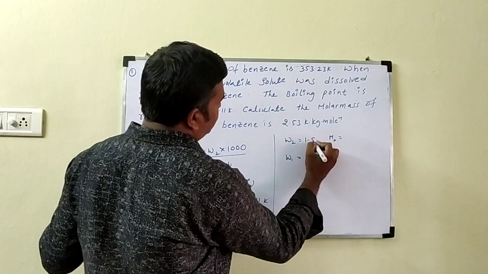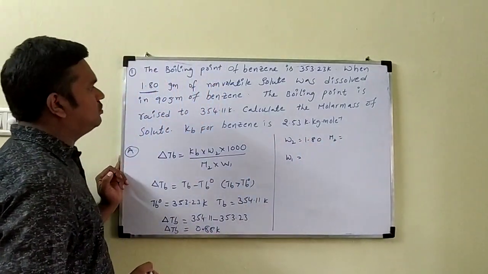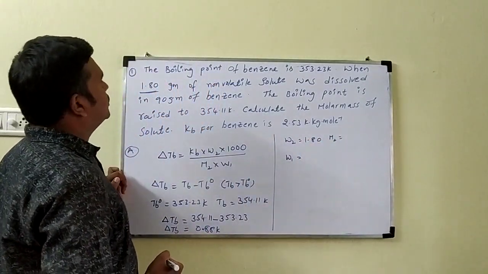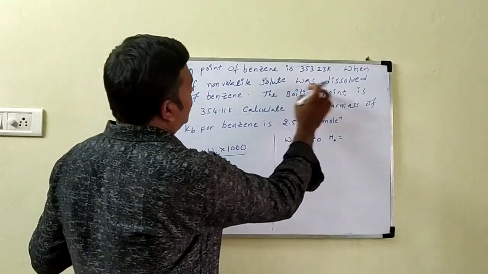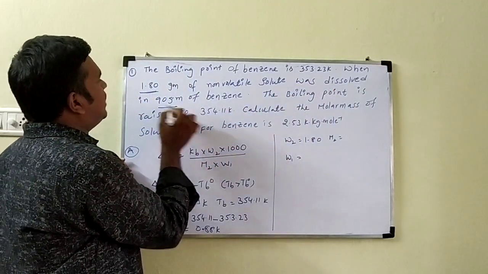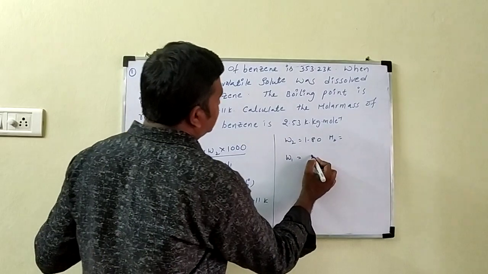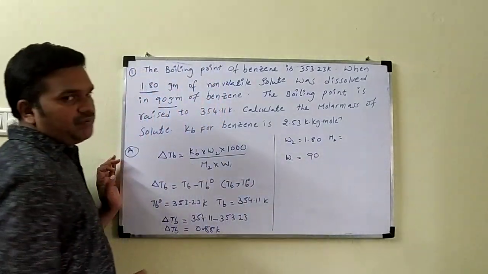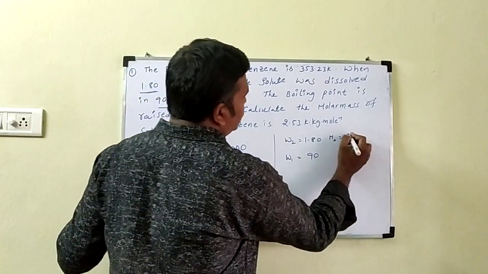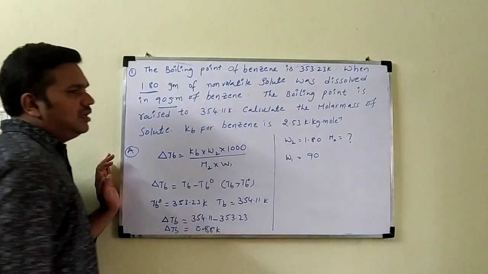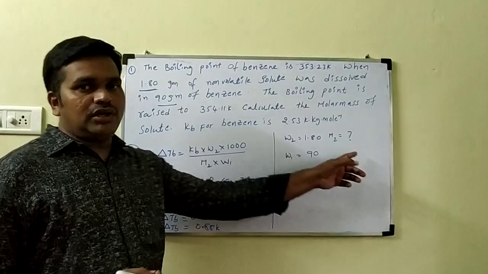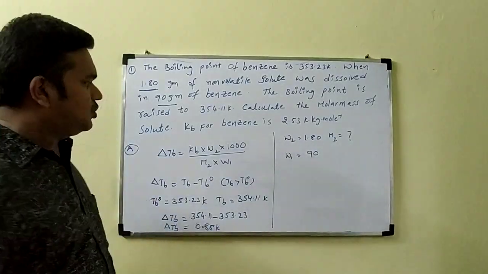The weight of solute is 1.80. Now what is the weight of the solvent here? It was dissolved in 90 grams of benzene. So 90 grams of benzene is the solvent weight. What is M2? We have to find out the molar mass of the solute, so we have to find out M2.